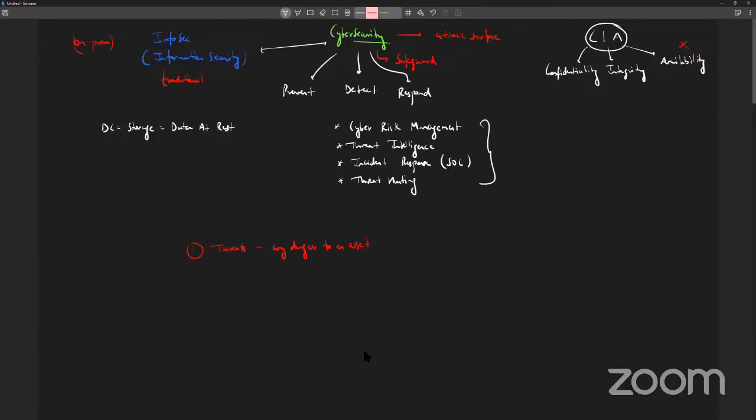There is a threat against it, since it's unlocked, someone could obviously steal it. If you lock it down, there is still some risk, but not as much as if you had not locked it. So again, a threat is any danger that might be to an asset.